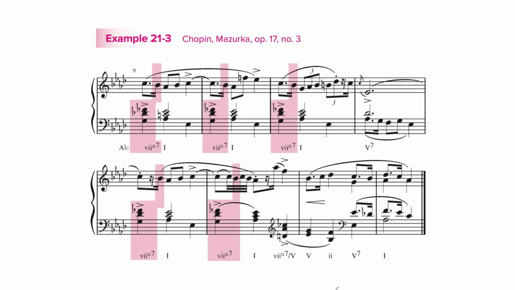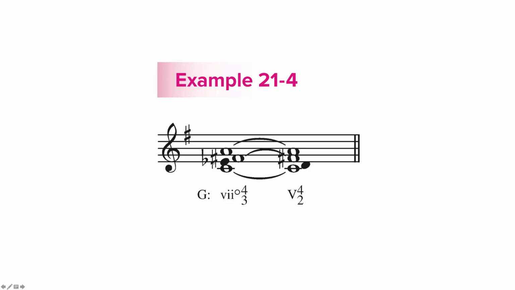Let's listen to it once again. The borrowed leading tone 7th also facilitates the progression from leading tone 7th to the dominant 7th. As you see, we can change the quality of the chord only by moving the 7th of the chord down by step.